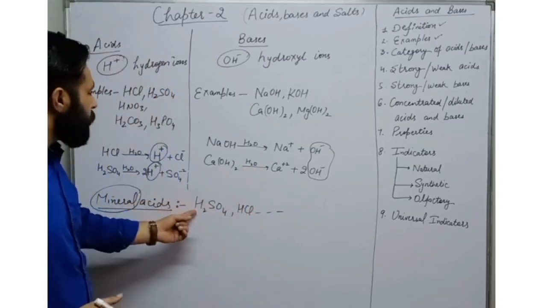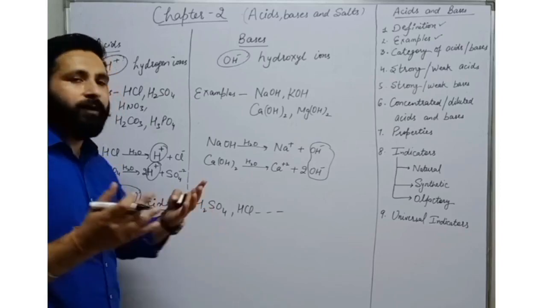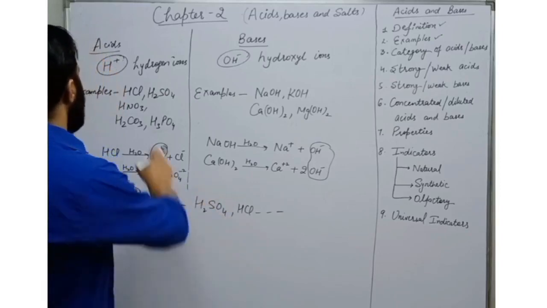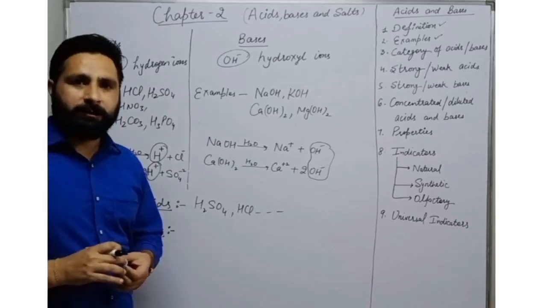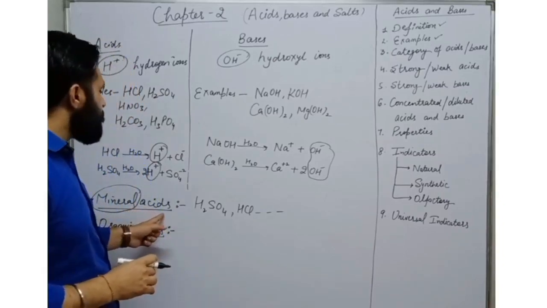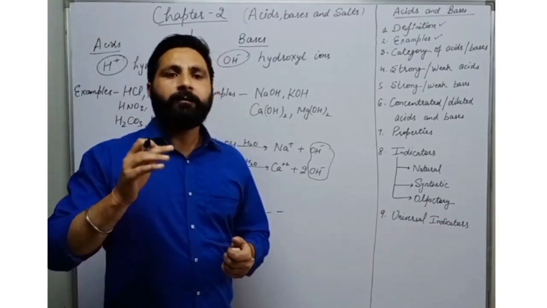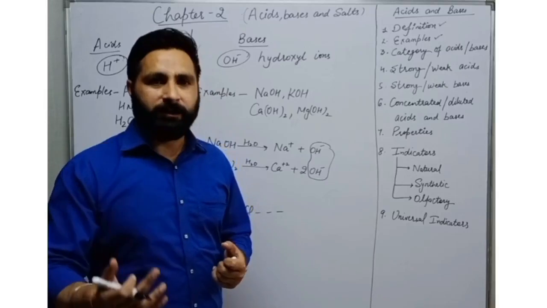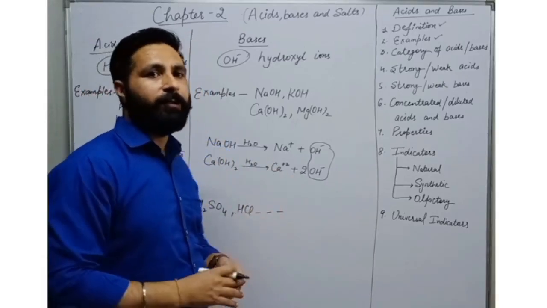Because hydrogen we get from the earth crust, sulfur we get from the earth crust. Every element we get from the earth crust. So mineral acids are those acids which are obtained from the earth crust, and we can say they are man-made or synthetic.